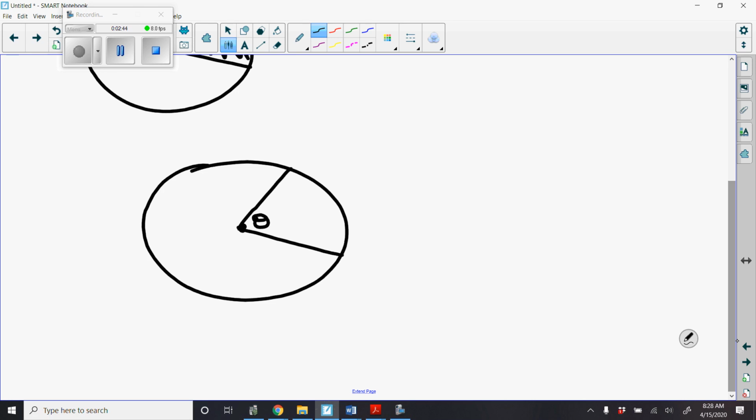I want to find the area of this sector here, and I know that this sector has a central angle of theta and a radius of r.